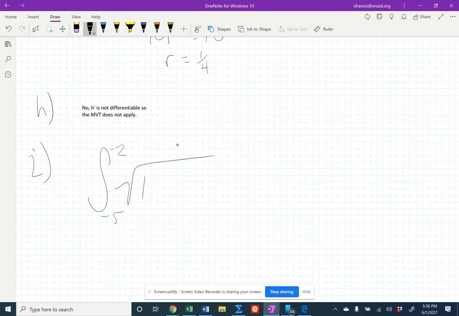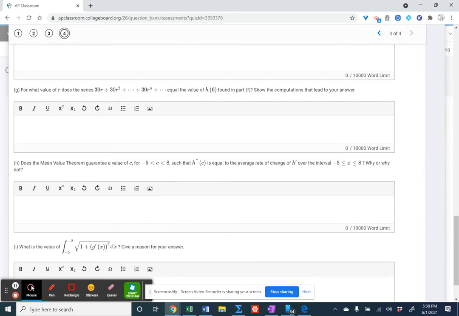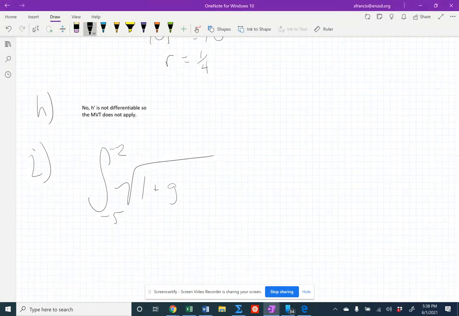I think it's 1 plus G squared. You should recognize that as arc length, okay? And in fact, mentioning that this is the arc length got you a point. This is the arc length of the graph of G from -5 to -2.